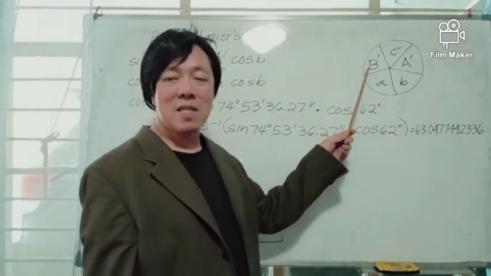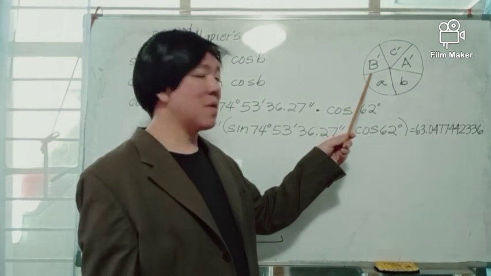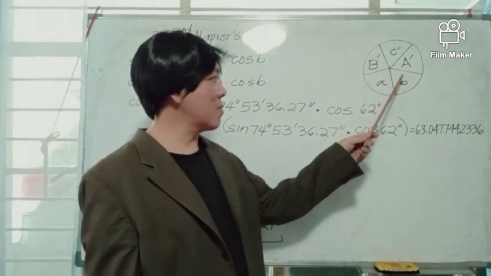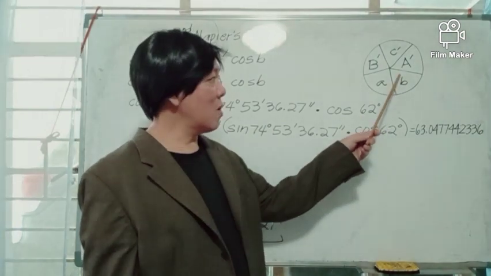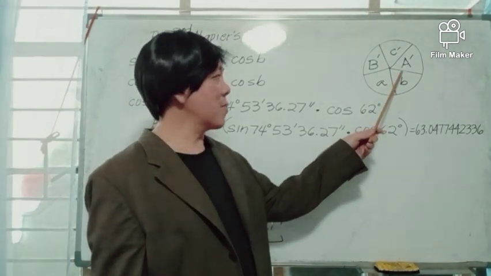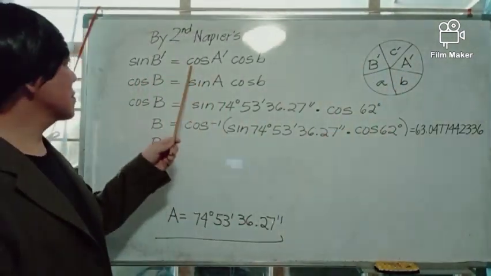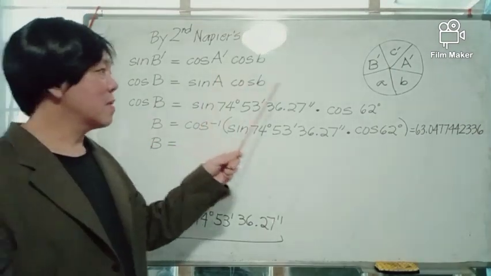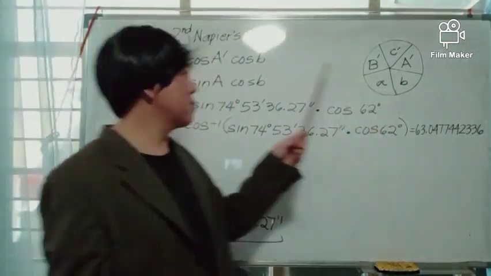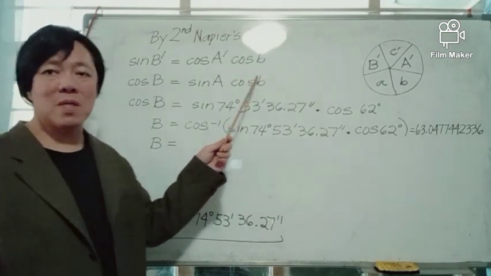And by the second Napier's rule, the sine of the middle part, capital B prime, is equal to the product of the cosine of capital A prime and cosine of small b.